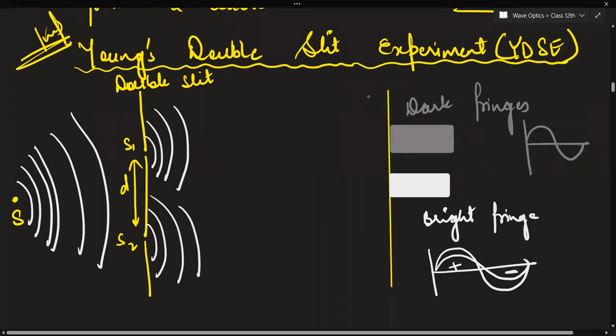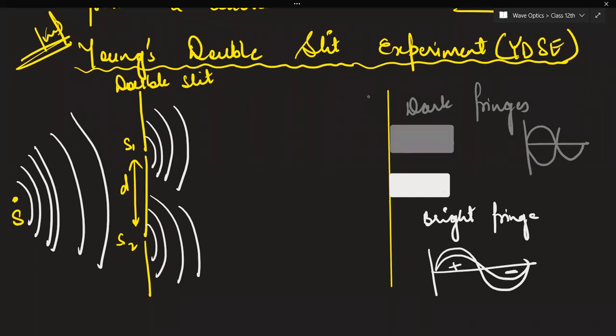This is one wave, and the other's trough is coinciding with the other's crest. So plus is coinciding with minus, and that's why you're getting dark fringes. This is the physics behind why bright fringes and why dark fringes, the phenomenon occurring in Young's double slit experiment.